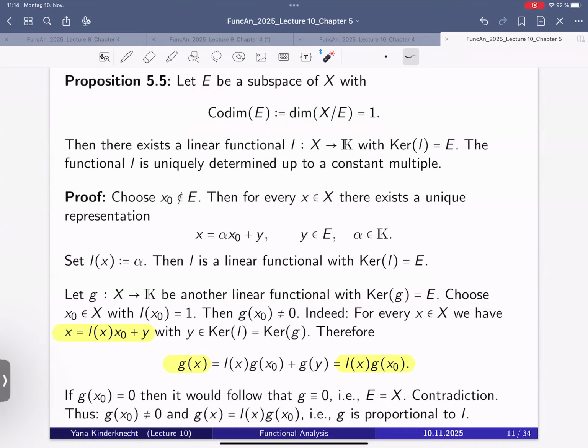We have constructed a particular linear functional L satisfying this assumption. And we have shown that any other linear functional with the same kernel is proportional to L, so up to a constant. Okay? Okay. So we have shown proposition 5.5.